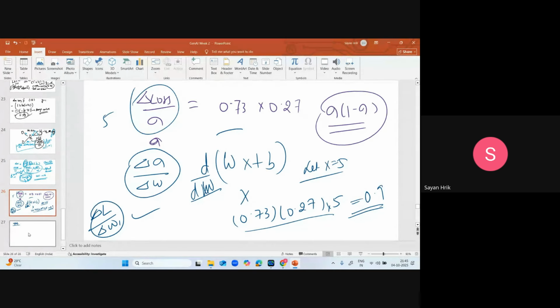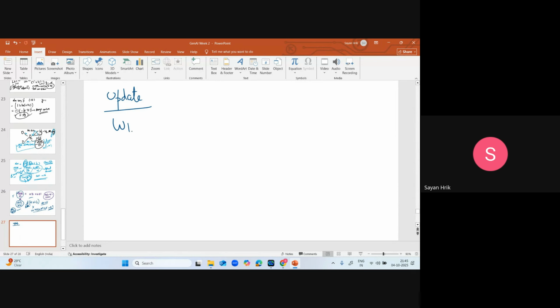Now let's assume w1 was 1 initially. This was the initial value. So w1 new will be w1 old minus eta times the gradient of loss with respect to w1 old. Now w1 old is 1, we have this. Let's assume eta is equal to 1 also.